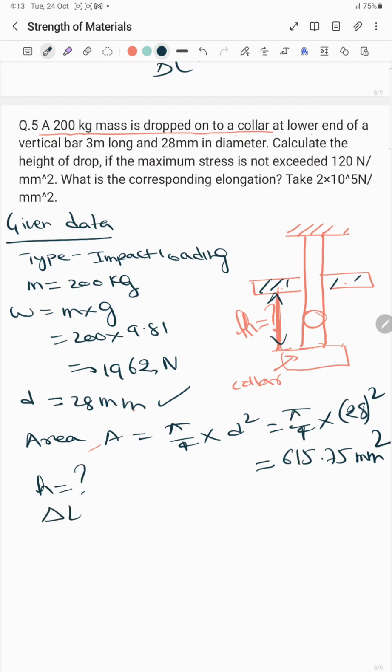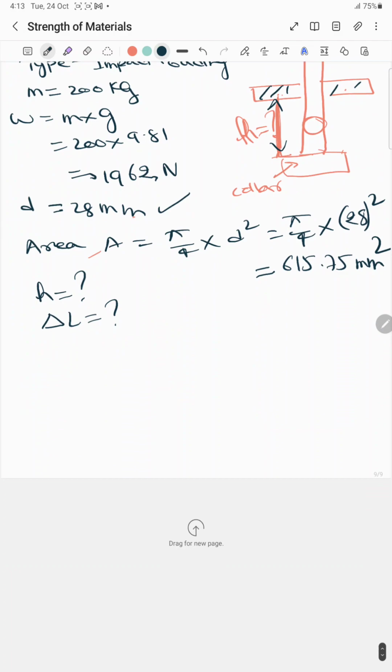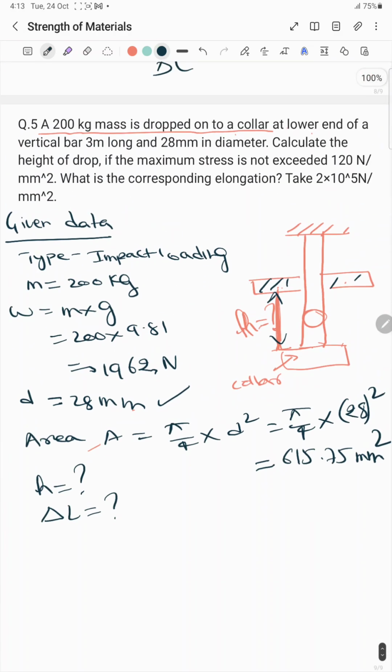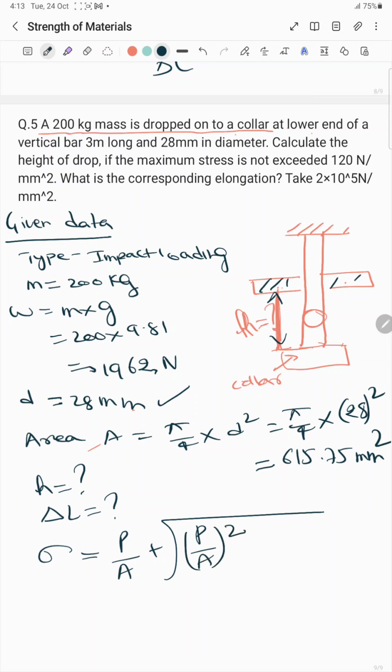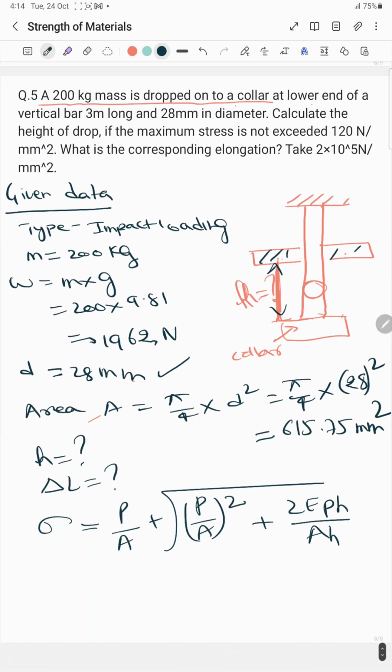Now what we need to find is the h value and delta L value. Since this is an impact load case, stress can be determined from this formula: sigma is equal to P by A plus root under (P by A) the whole square plus 2 E P h upon A L. So this is the formula.